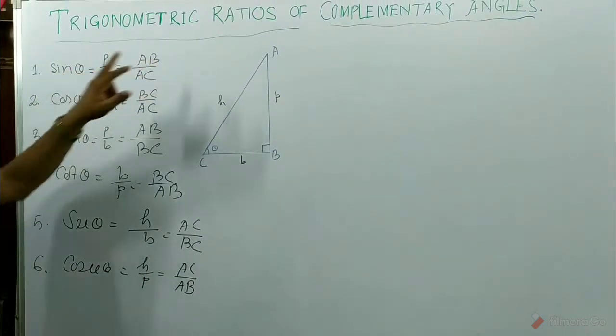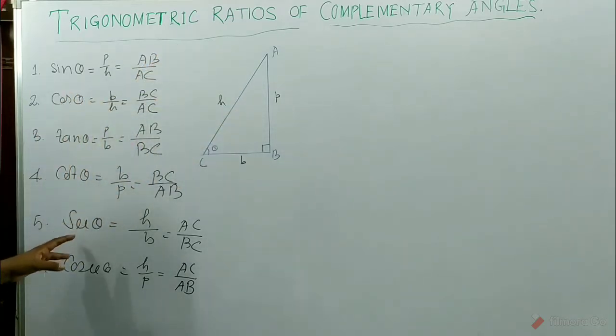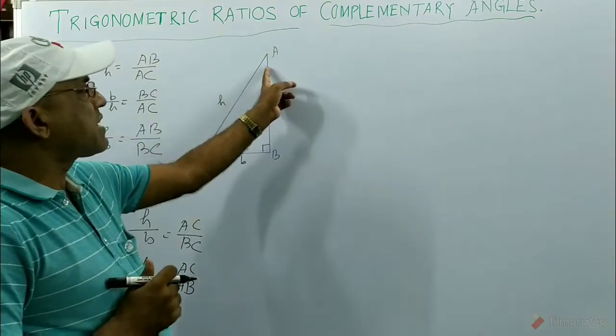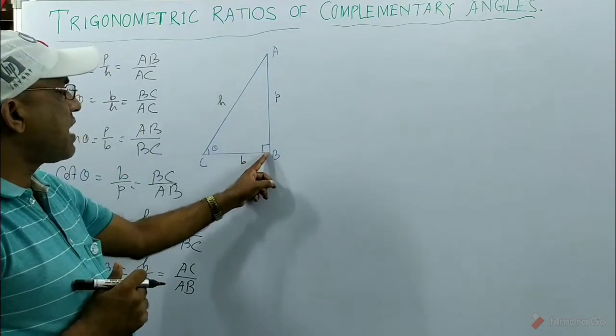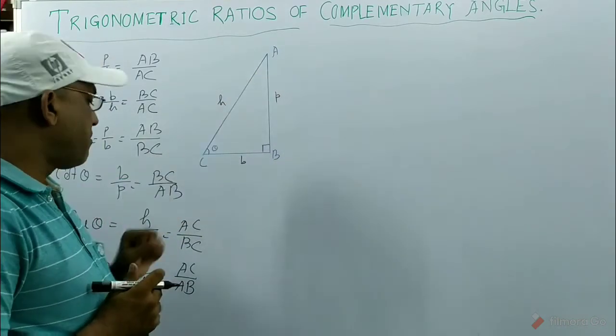We write sin, cos, tan, cot, sec, cosec. Now, what is the measurement of this other angle? If this is 90 and this is theta, this angle will be 90 minus theta.